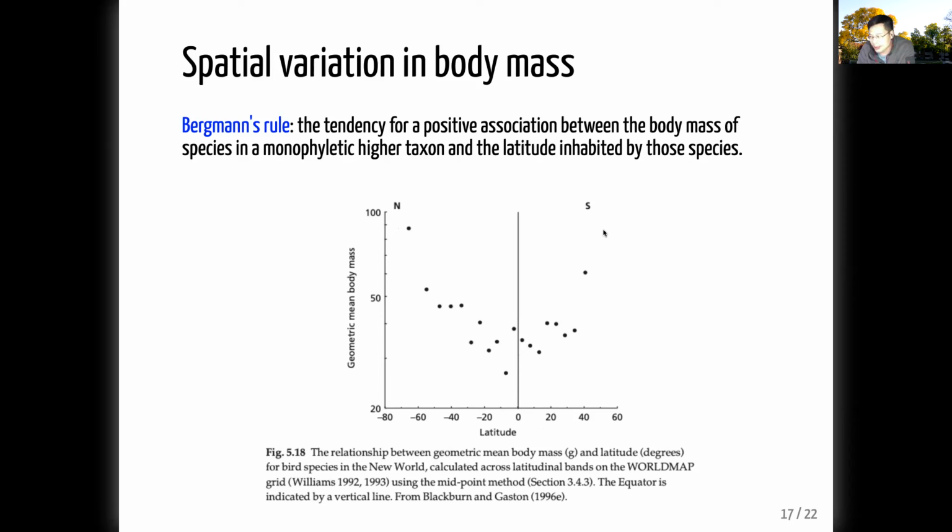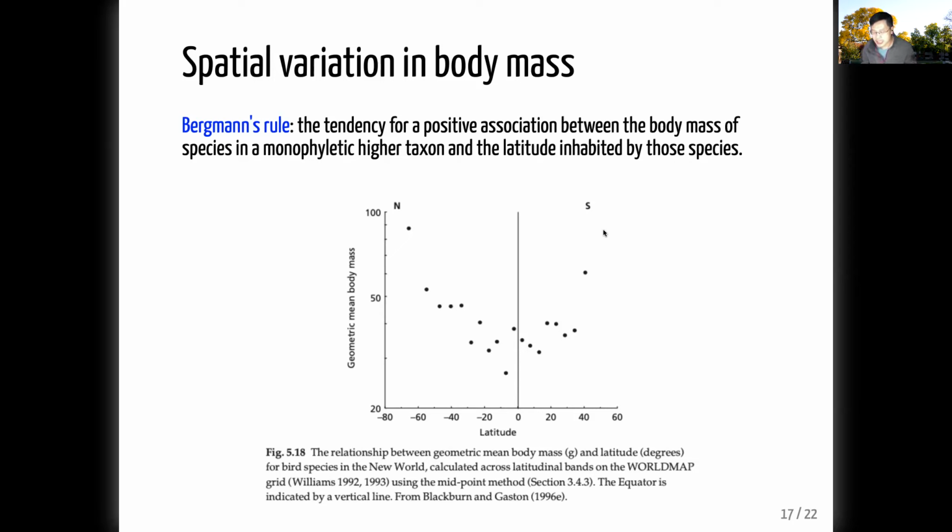Okay, so then again, what's the mechanism behind this pattern or this hypothesis? Well, one common hypothesis is that it has something to do with heat conservation. In a cold area, if you have a large body, then you have a lower surface area to volume ratio, so this will conserve the heat of the body.